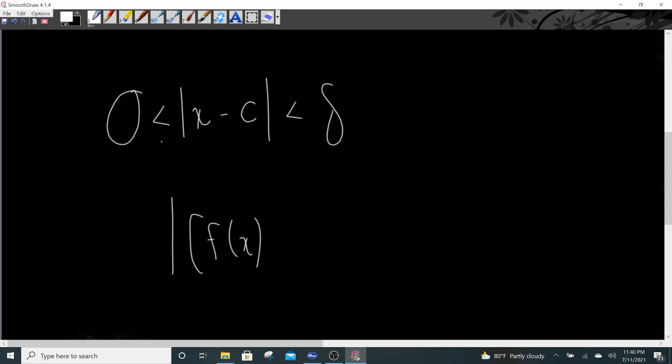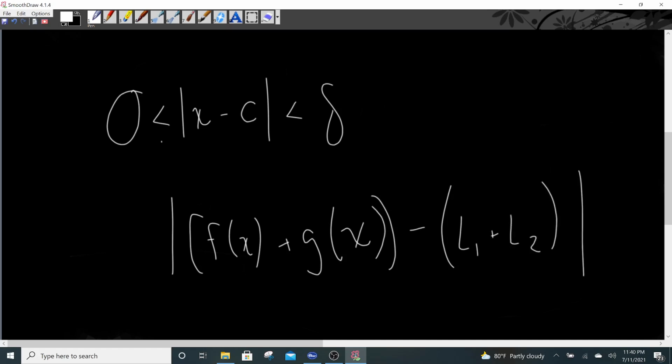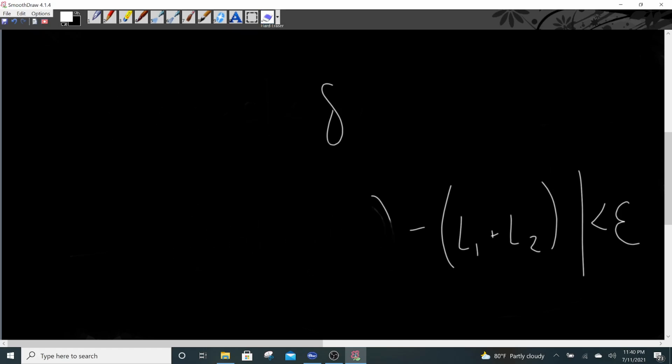We're just going to say that if 0 is less than the absolute value of x minus c, which is less than delta, then the absolute value of f of x plus g of x, in parentheses, just to bring everything together again, minus L1 plus L2 within parentheses, all of that is less than epsilon. And therefore, that's what we hoped to show. That's our original step.